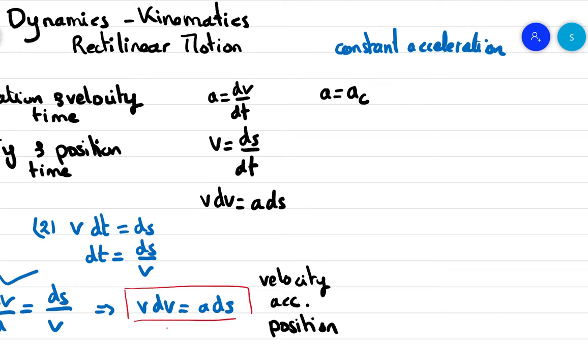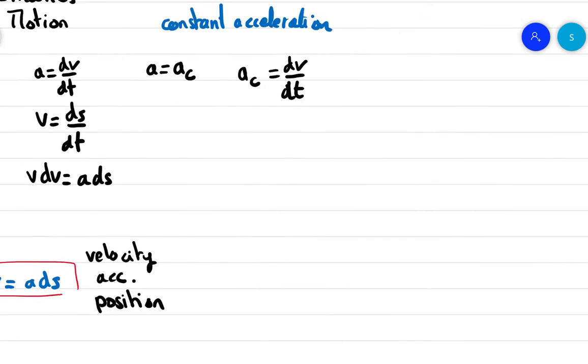So we can write that a constant equals dv divided by dt. So we have a_C dt equals dv. And I will take the integral on both sides. So on the left, a_C dt gives us a_C times t, between t and 0.